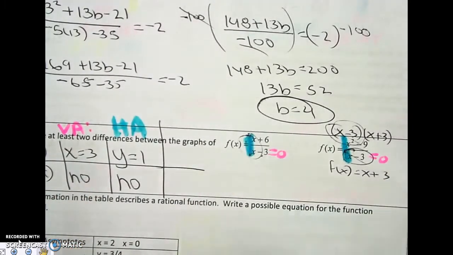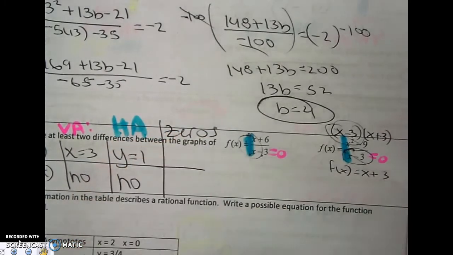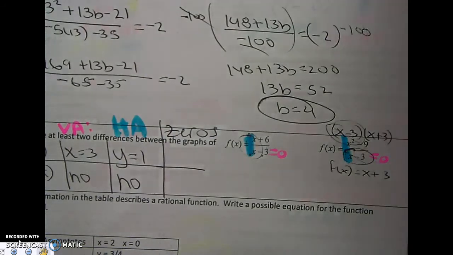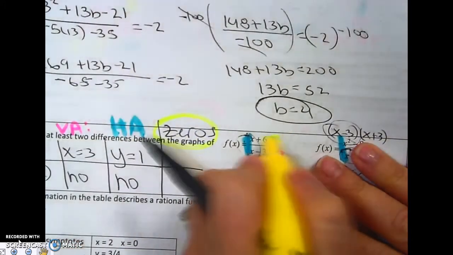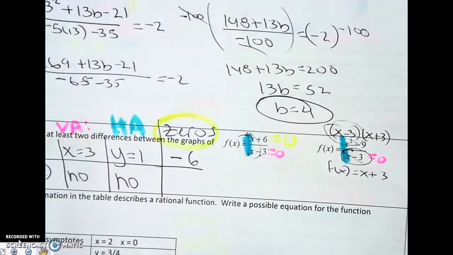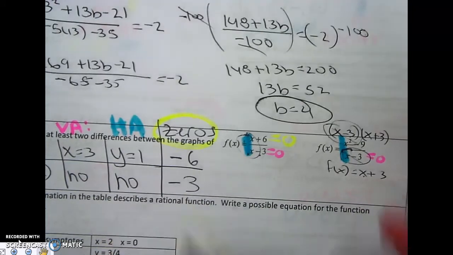I could also focus on the zeros. The zeros mean that I want the top to be 0. So I set the top equal to 0, and that's negative 6. And the zero for this one, if I set that equal to 0, is negative 3.